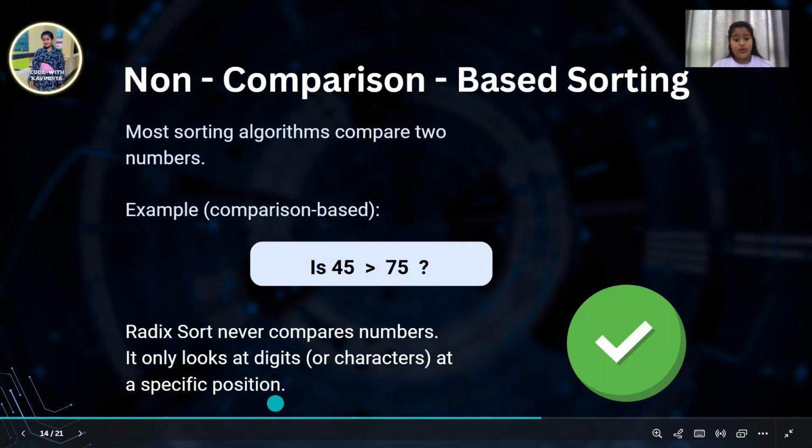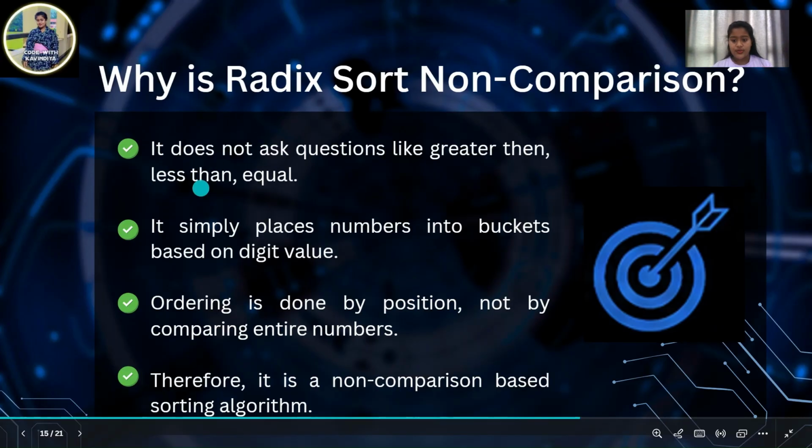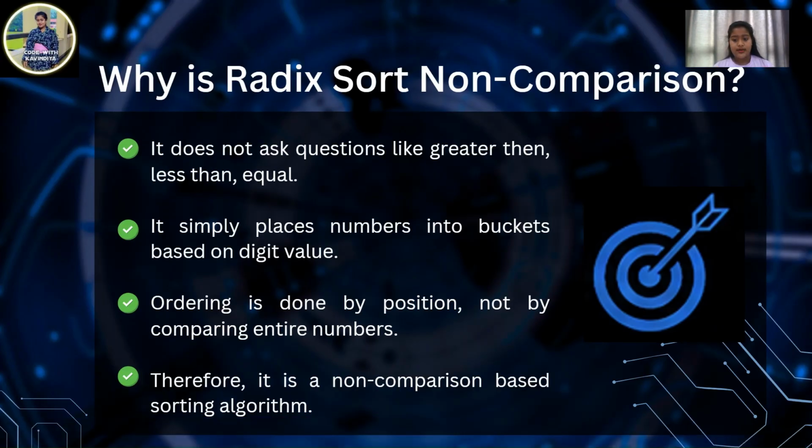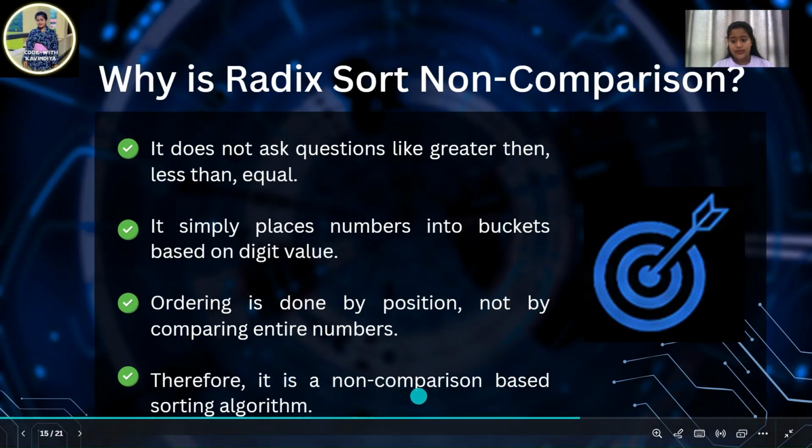Because there are no direct comparison operators involved, it gets the non-comparison label. Radix sort does not ask questions like greater than, less than, or equal. It simply places numbers into buckets based on the digit value, ordering them one position at a time, not by comparing entire numbers. Therefore, it is a non-comparison based sorting algorithm.